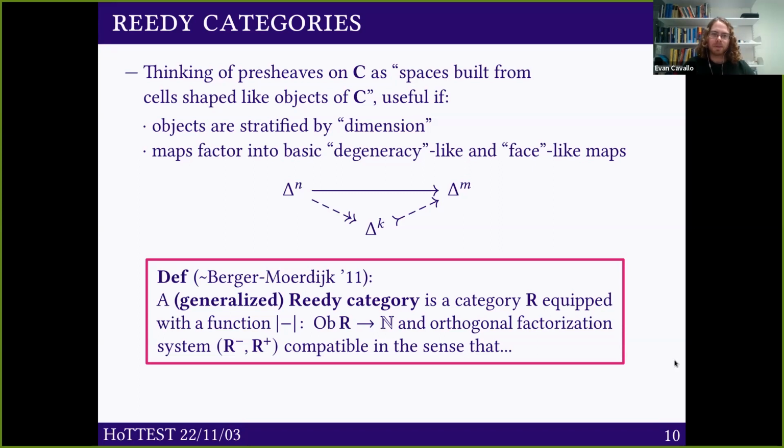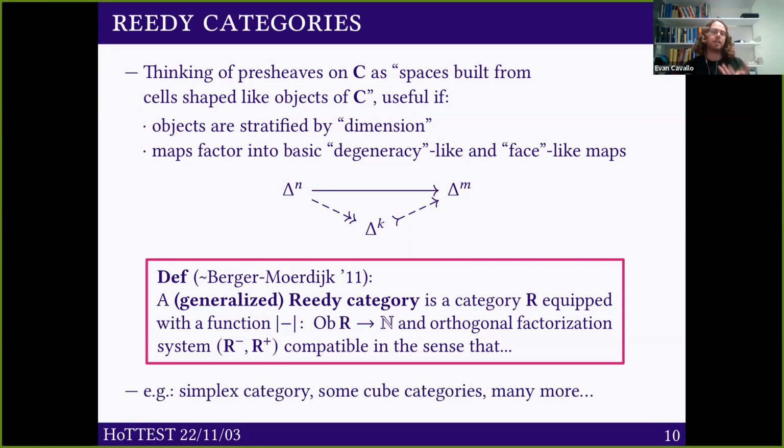There's some cutoff definition here, but the idea is basically what I've written above, that we have some way of assigning degrees to objects, and then there's some factorization system that matches up with the degrees in the sense that we factor through things of lower degree. And so the simplex category is an example. Some cube categories are examples, so the BCH one and the Cartesian one, and the ones that appear in classical homotopy theory mainly. And there are lots of other examples that don't exactly look like these ones.